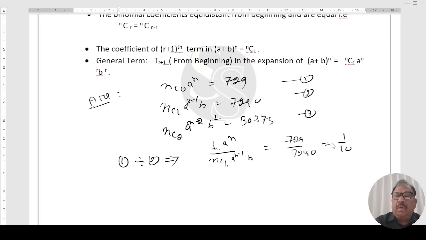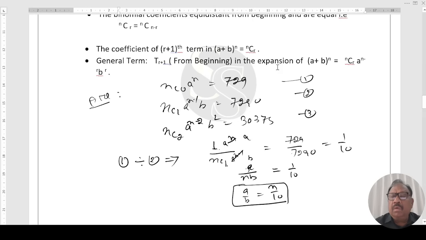That is 1 by 10. If we simplify it, we get 1 over n into b over a equal to 1 by 10, so a by b equal to n by 10.